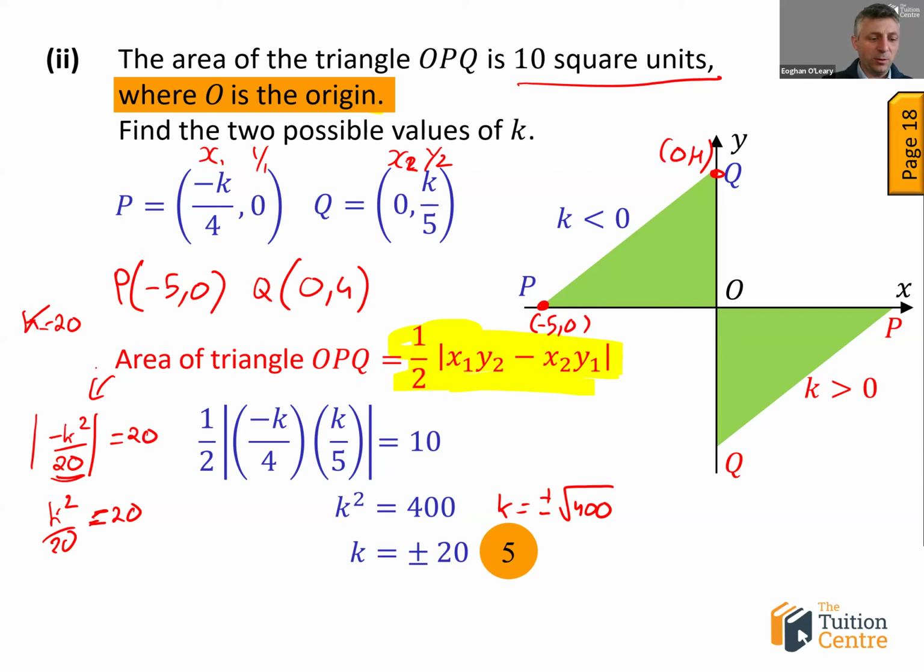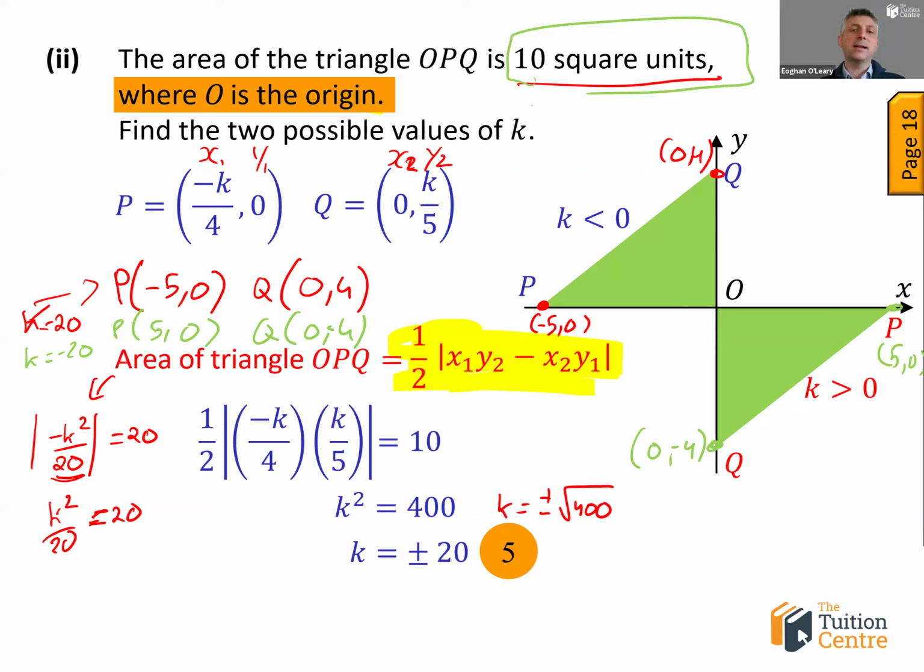And similarly, if we do it the other way around, if we say k is equal to minus 20, we're going to have p is equal to 5 0 and q is equal to 0 minus 4. So that would be this version here, 0 minus 4 and 5 0. And in either case, you're going to get the area of 10 square units.